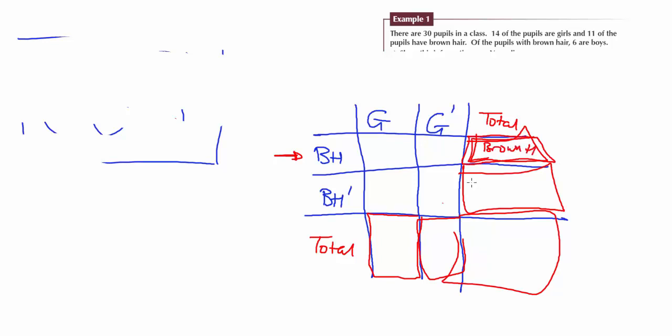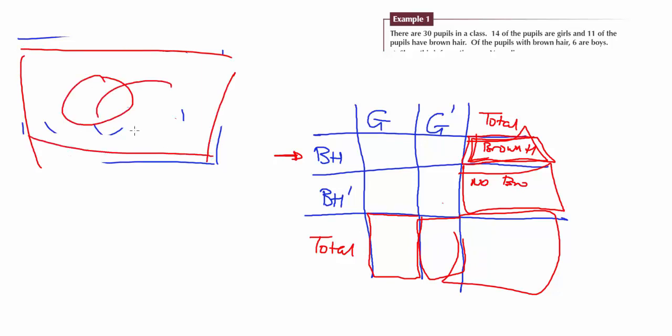This is the total number of people who have no brown hair. So we've actually got a totals table. Before, when you get told that 14 pupils are girls, you don't have anywhere to write it. But in this one, you're like, oh, hold on. This is the row for all the total girls. You can put 14 there.